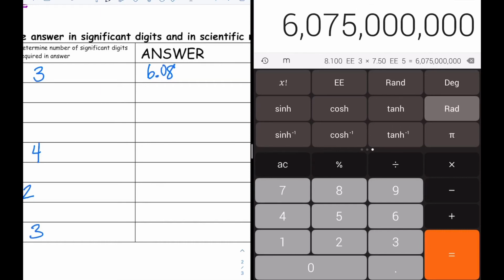And remember to round 7 up to 8 because of the 5. So our exponent then will be, you need to count your zeros. So 3, 4, 5, 6, 7, 8, 9. So we're going to move the decimal over 9 places to the left. That's why it's a positive 9. So that the decimal ends up after the 6, the non-zero integer.